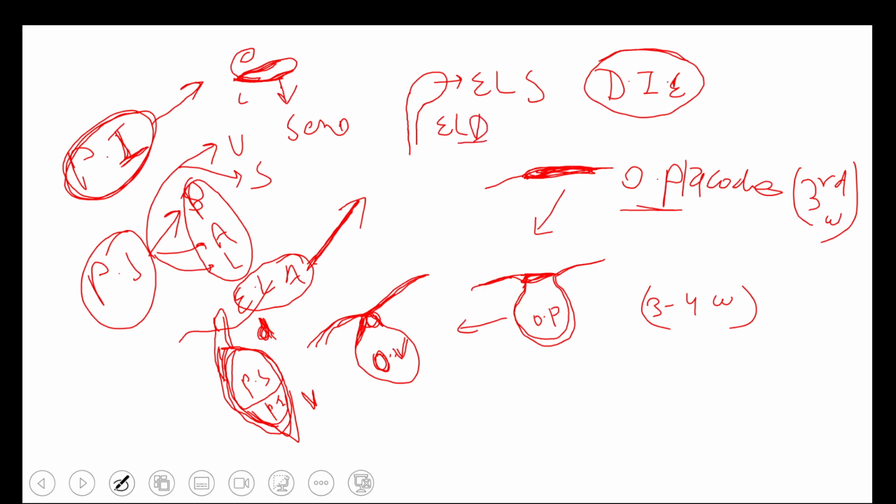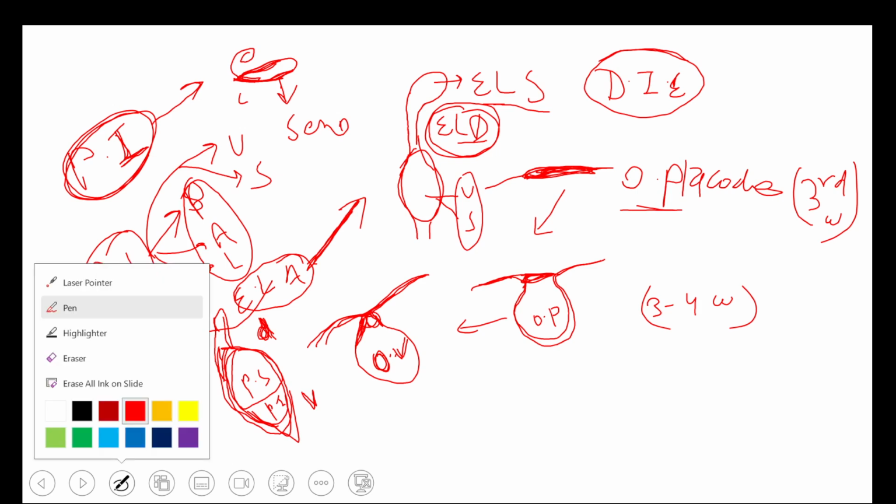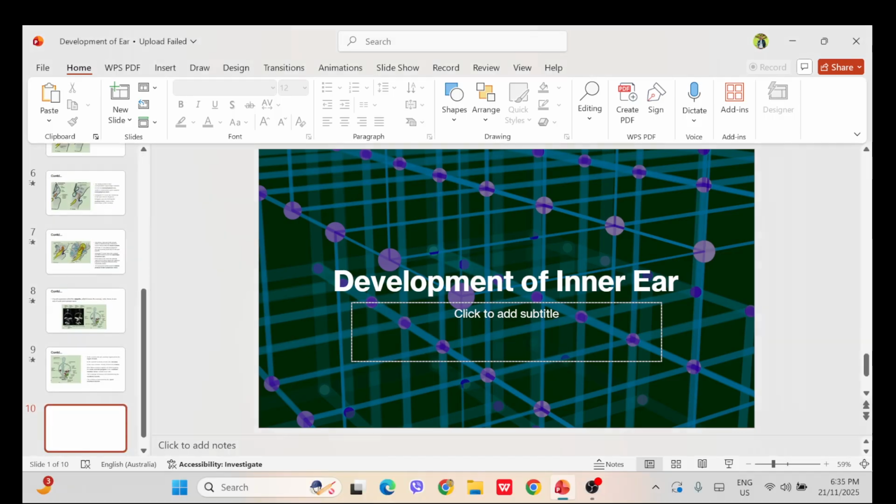This endolymphatic duct will connect the expanded region of the pars superior, which later forms the vestibule, constituted of the utricle and saccule, with the endolymphatic sac. So all these things can be appreciated in the development of the inner ear.